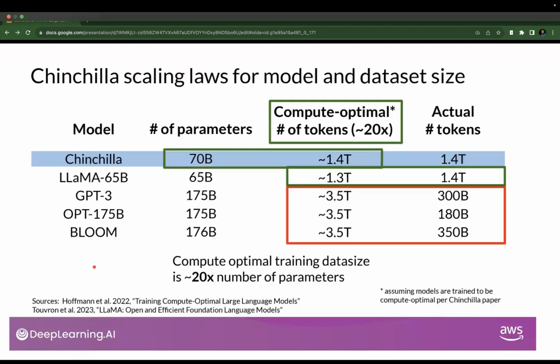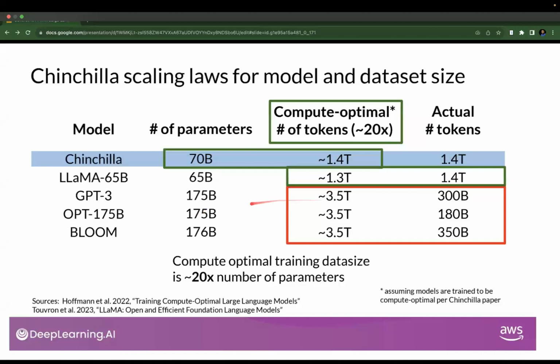And this paper says that if we keep the compute budget fixed, then the number of tokens should be about 20 times the number of parameters a model has. So for example, a model like GPT-3, which has 175 billion parameters, should be trained on 3.5 trillion input tokens.